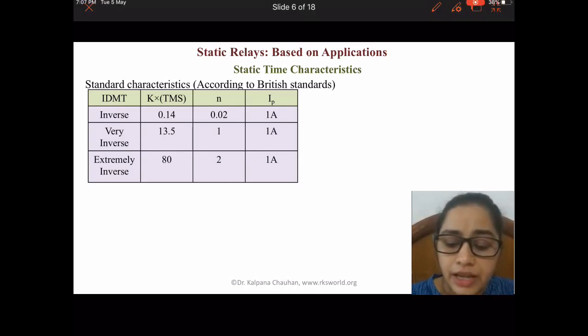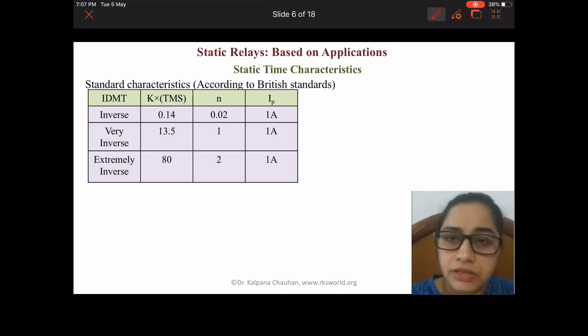These standards can be categorized for the inverse time relay, very inverse relay or extremely inverse relay. For the inverse time relay, the value of K into TMS is 0.14, which is the standard value, and N is 0.02. IP is 1 in each case.